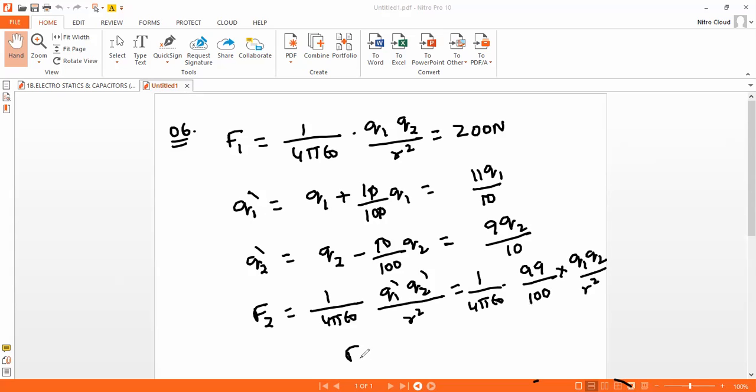So F2 equal to 99 by 100 times F1, that is 99 by 100 into 200. Upon calculation, we'll get 198 Newton.